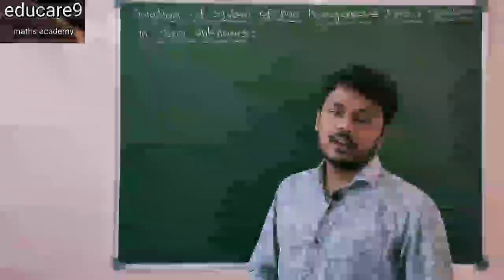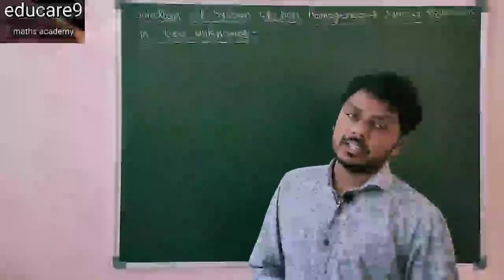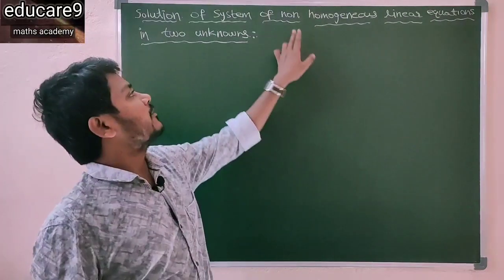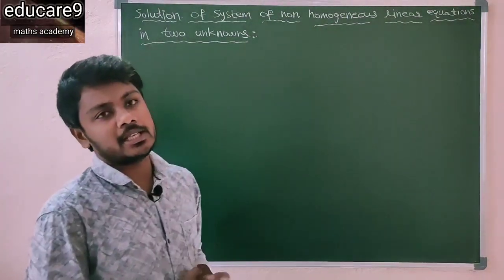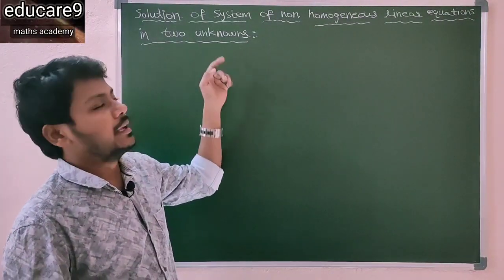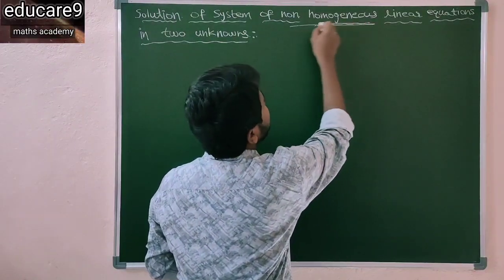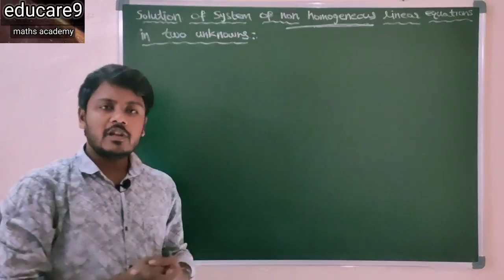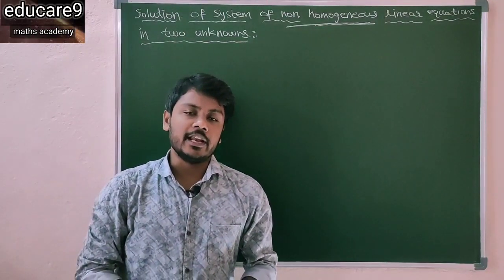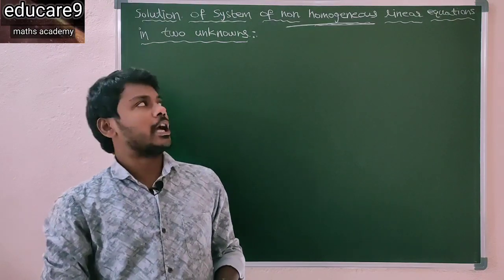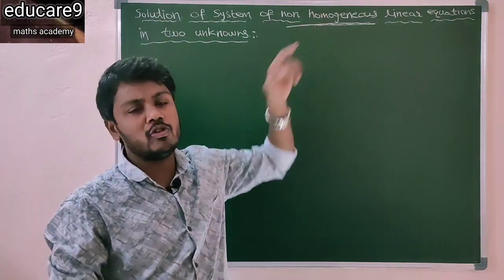Hello everyone. For this session, we will discuss a new concept: the solution of a system of non-homogeneous linear equations in two unknowns. Non-homogeneous means that if the equations do not have the same degree, then the type of equation is called non-homogeneous.